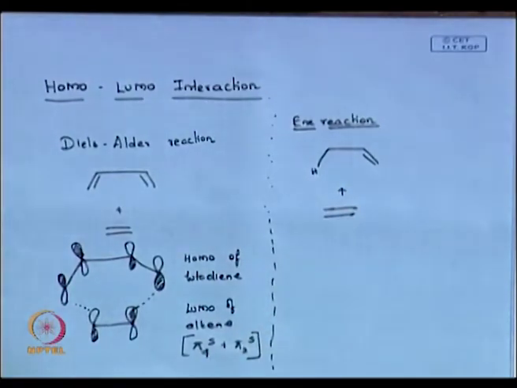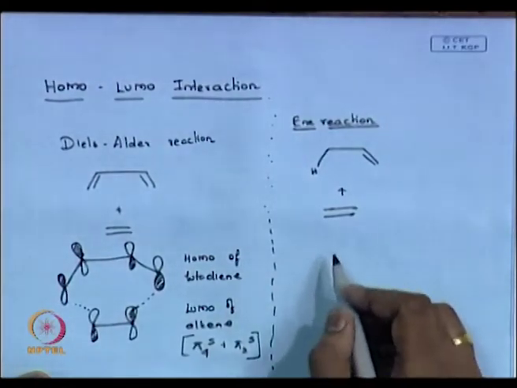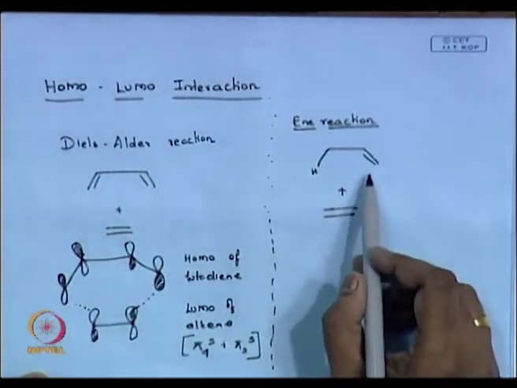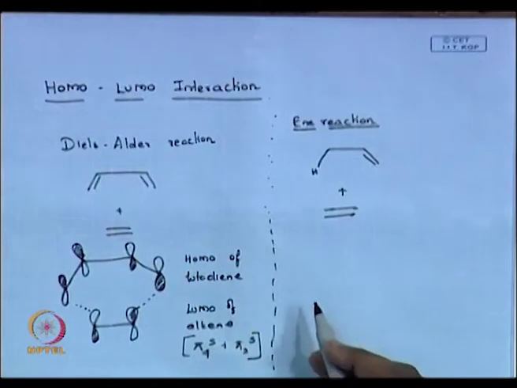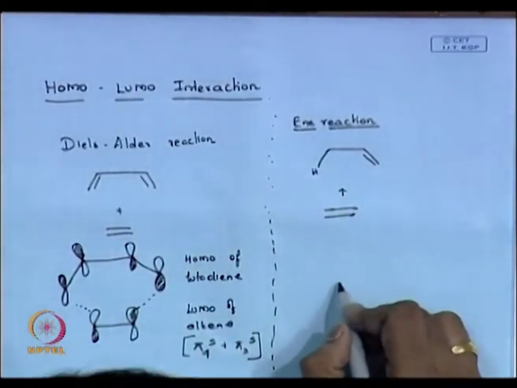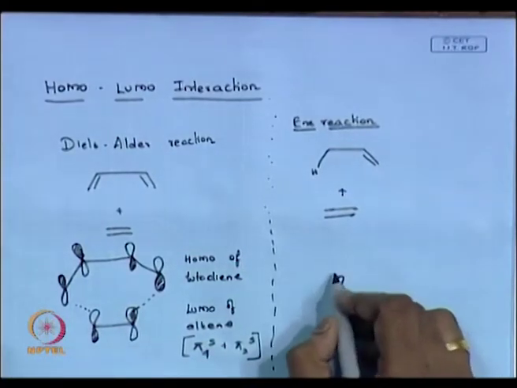So, how can you think about the HOMO and LUMO of this? Same way, since it is an allylic system, we will be taking the HOMO of your Ene.